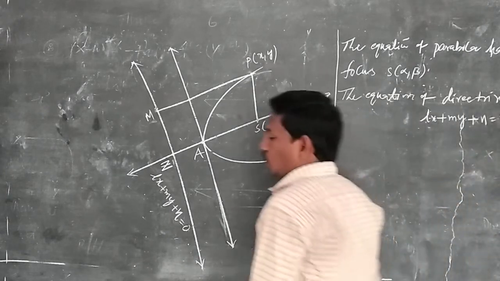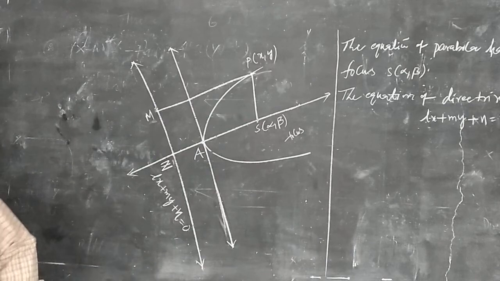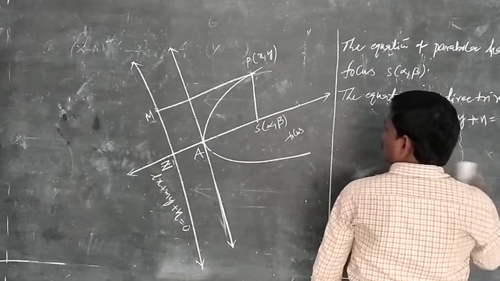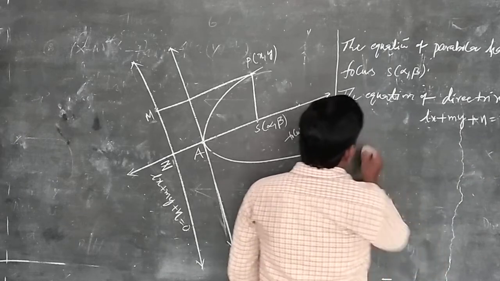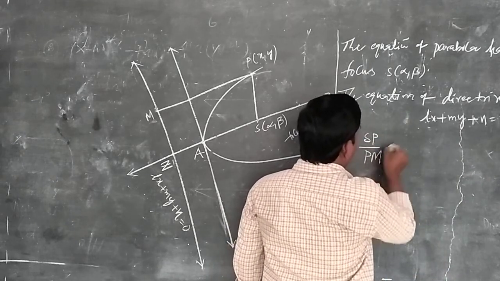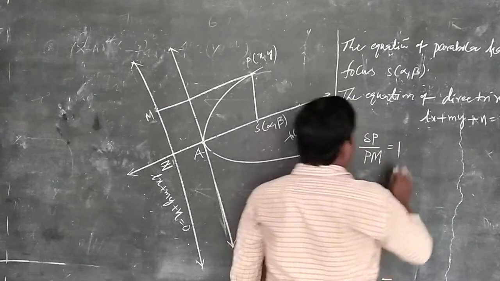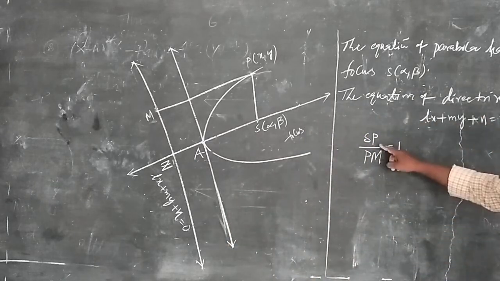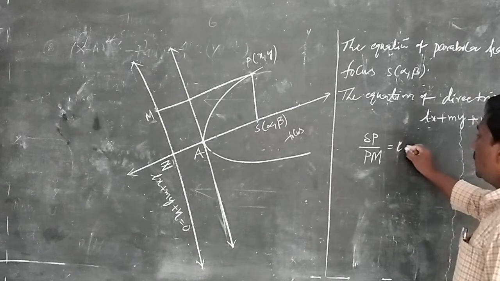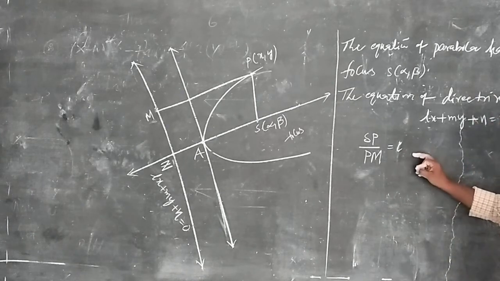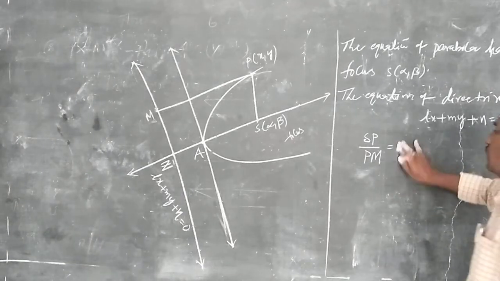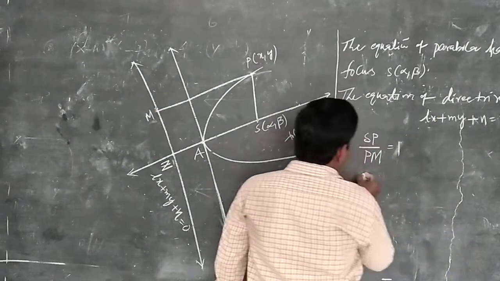Now we know that SP by PM equal to E actually, but when E equal to 1, it is a parabola. So SP by PM equal to 1.